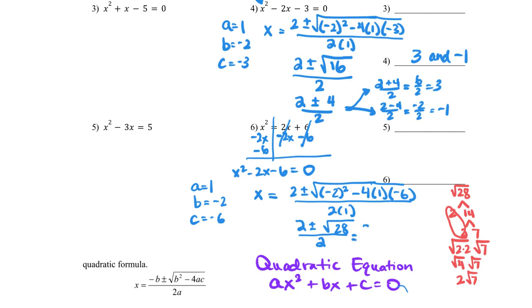So I have 2 plus or minus, and instead of writing the square root of 28, I'm going to write 2 square root 7 because that's its simplified form, all divided by 2. I also like to break this fraction apart so that the denominator is under both parts of my numerator. So 2 over 2 plus or minus, and then my 2 root 7 all over 2.